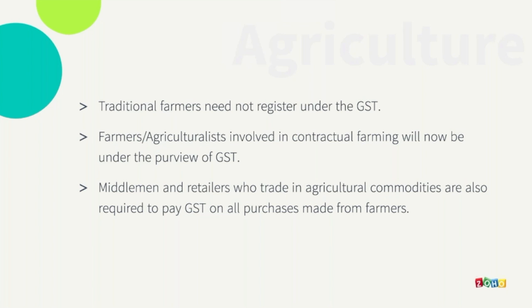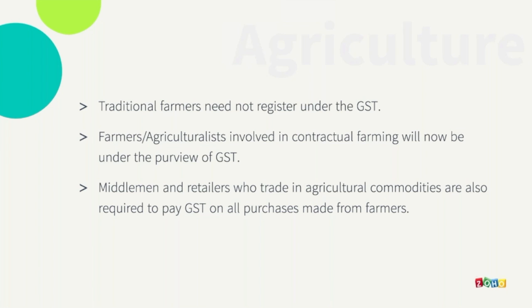The next thing that we have to take note of would be the middlemen and the retailers who trade in agricultural commodities. These could be wholesalers or people who just buy goods from farmers and then sell them to customers. Even though the farmers are not under the purview of GST, if these people are buying from farmers directly and then selling them, then they have to pay a GST associated with those goods.